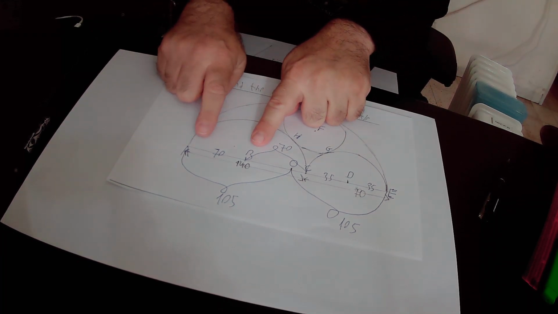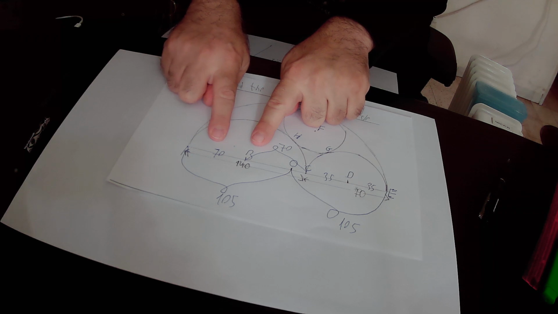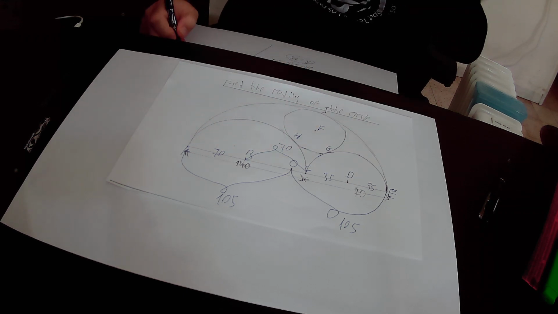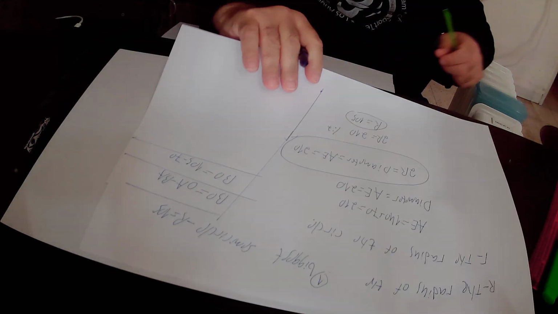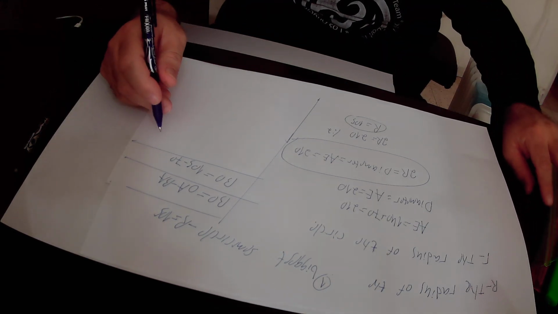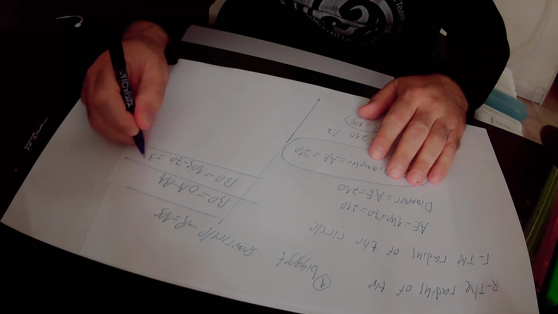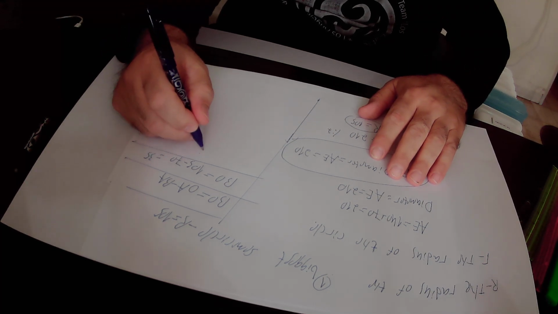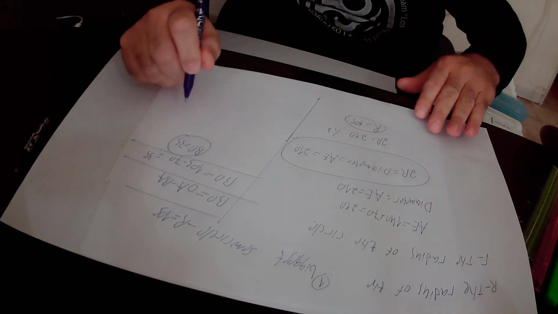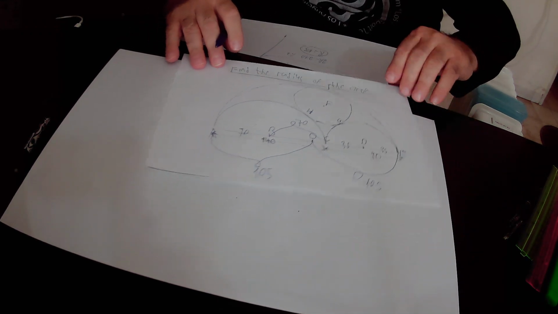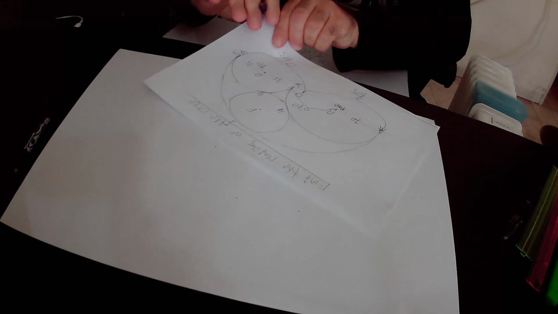BA is the radius of this semicircle, which is 70 units, so we substitute BA by 70. We found that the length of line segment BO equals 105 minus 70, that is 35 units. So we can write down in the drawing that BO equals 35 units in length.